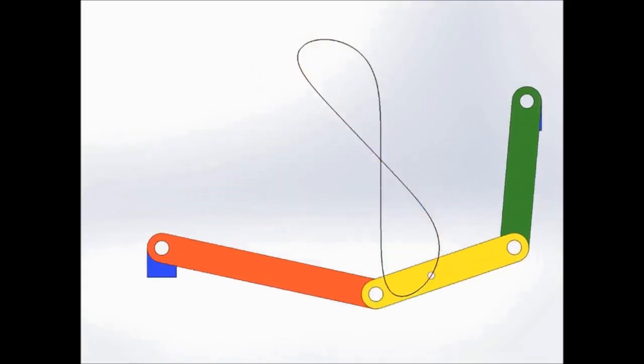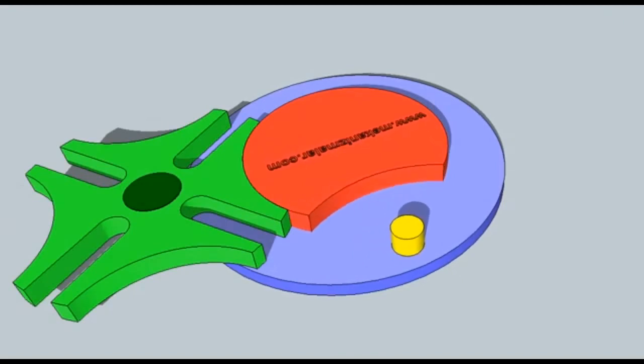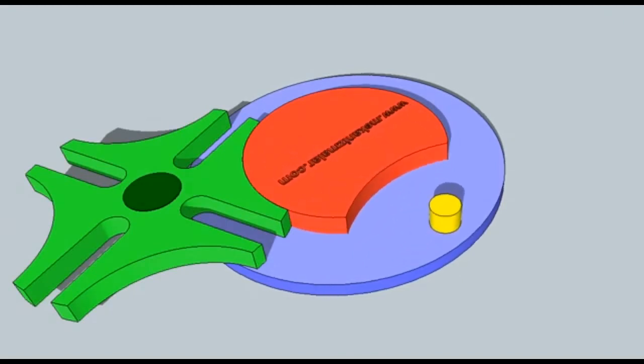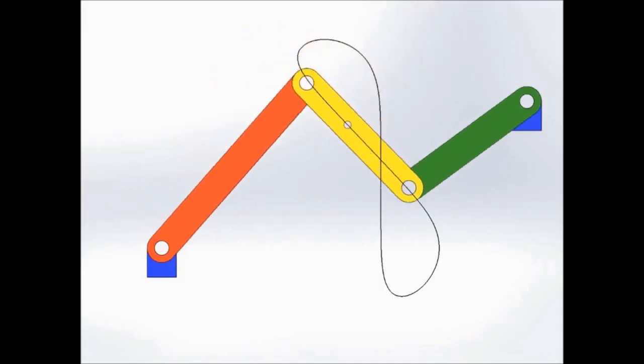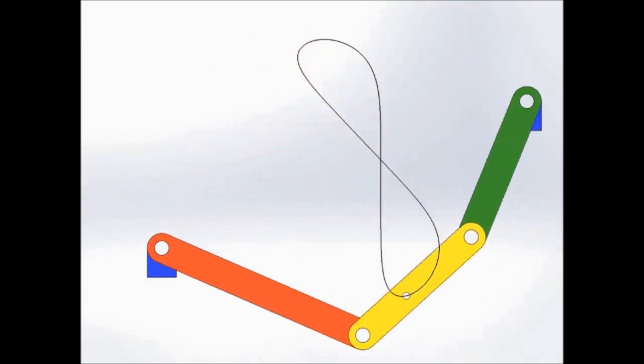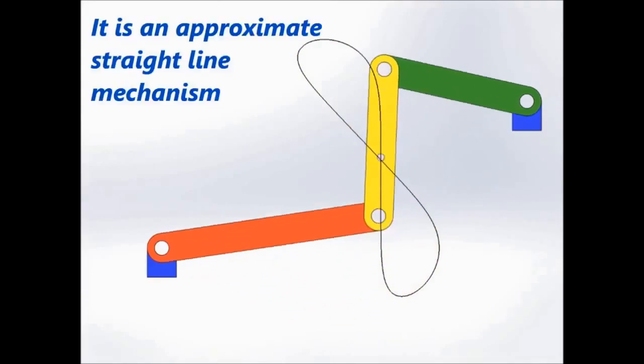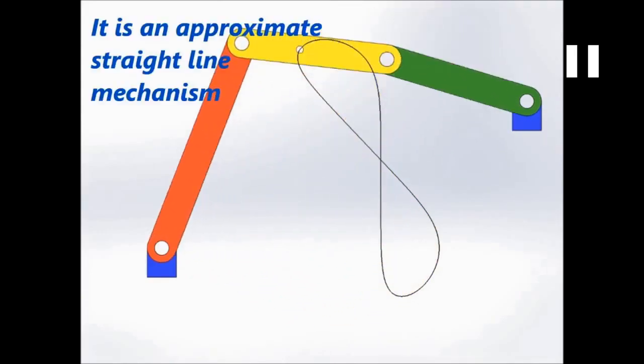Next we will move to straight line mechanisms. This is the Watt mechanism, or Watt linkage. You can see its path.